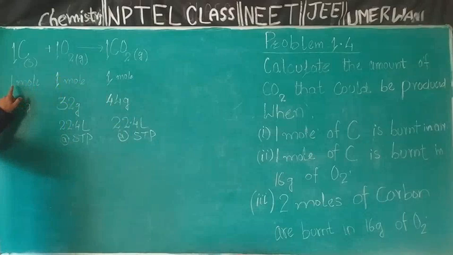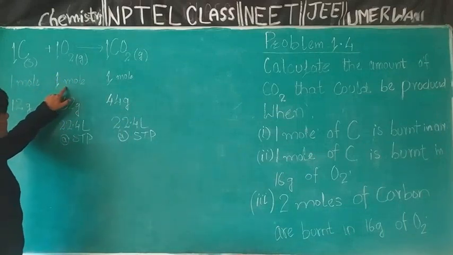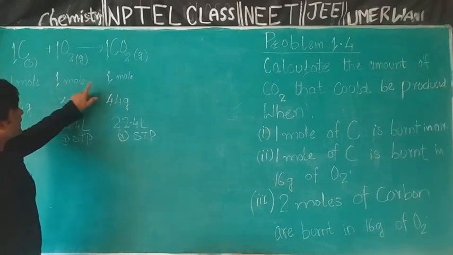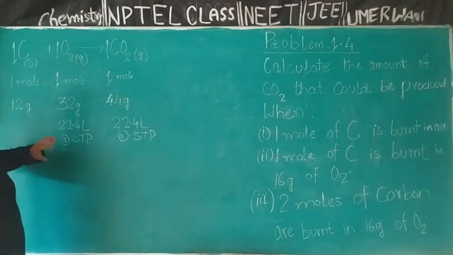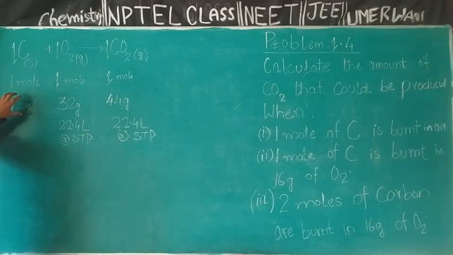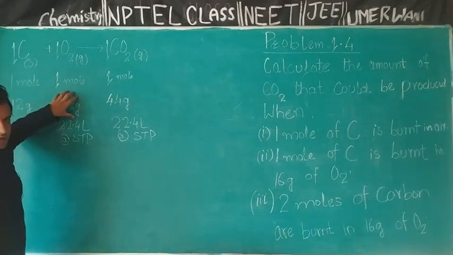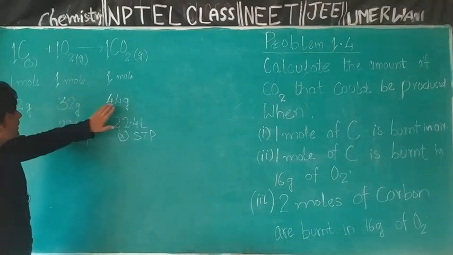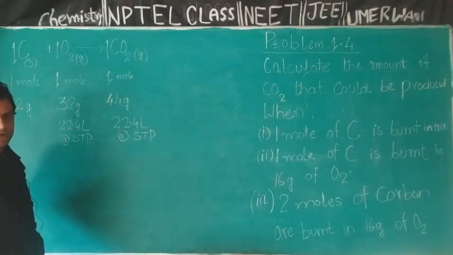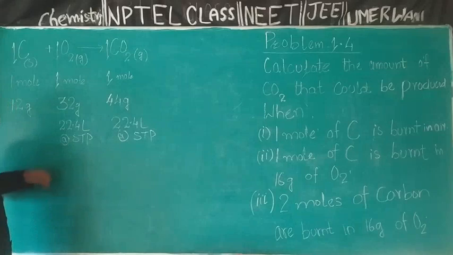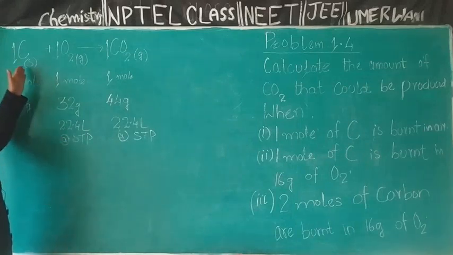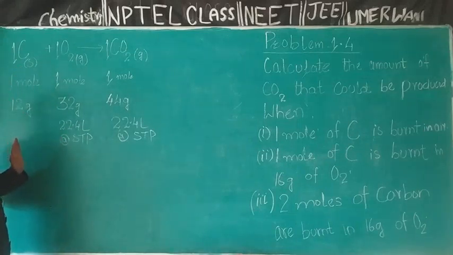and it conveys that for 1 mole of carbon we need to take 1 mole of dioxygen molecule, and we will get 1 mole of carbon dioxide. In terms of mass, we can say if we take 12 grams of carbon, we need to take 32 grams of oxygen, and we will get 44 grams of carbon dioxide. In terms of volume, because carbon is a solid, the Avogadro principle does not apply to it.